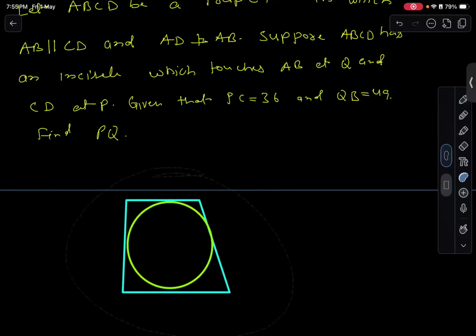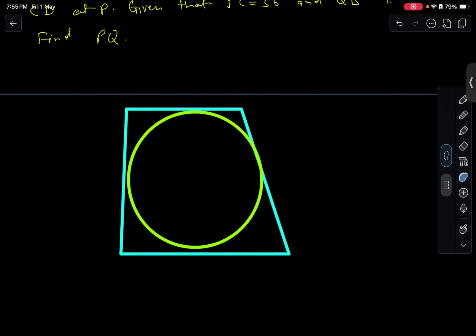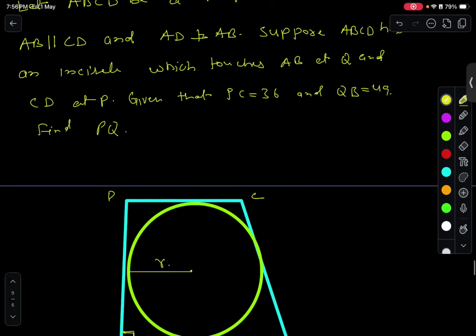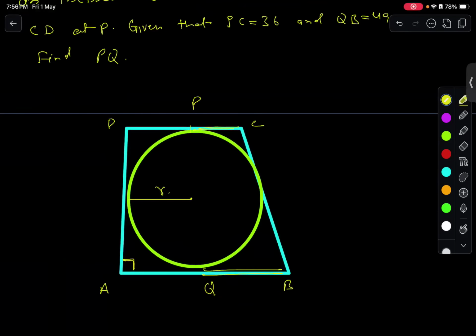This is the diagram, right? And this is radius R, and two lengths are given, BQ and PC.